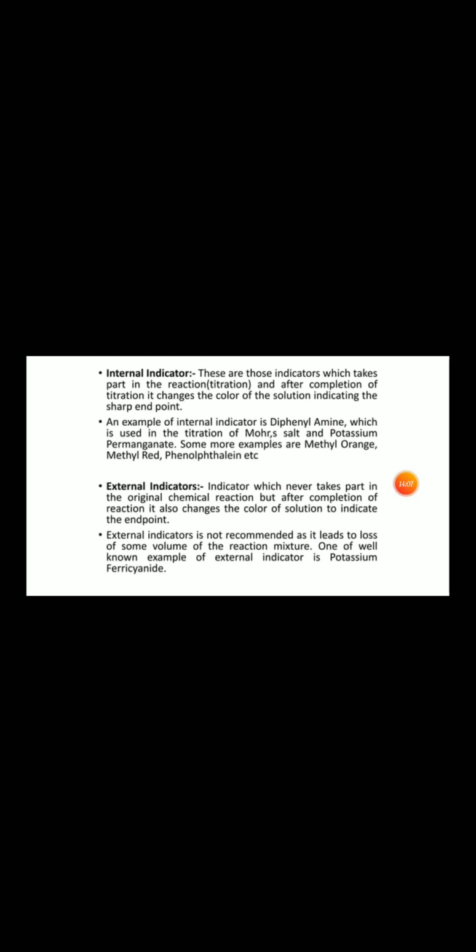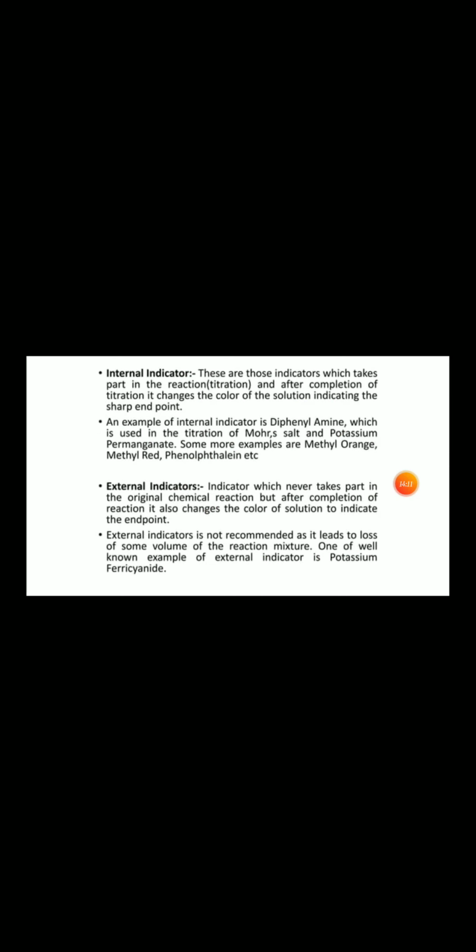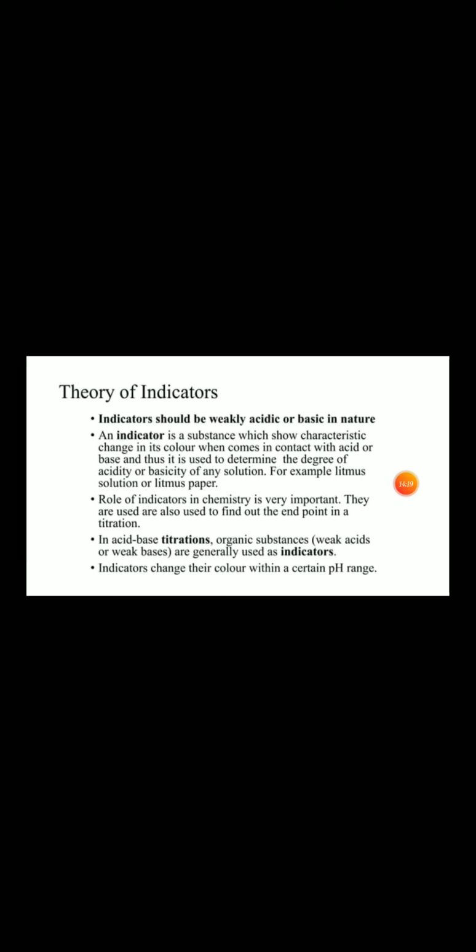Okay, so what was in this chapter? First of all, we saw what is the exact meaning of indicators. Then what are the different types of titrations? There are three types of indicators: self indicator, internal indicator, and external indicator. Then theory of indicators. What is the exact basis of the theory of indicators? That is the ionization procedure.